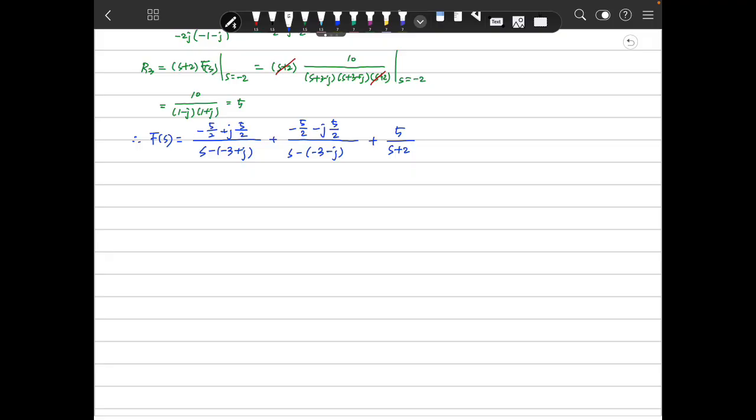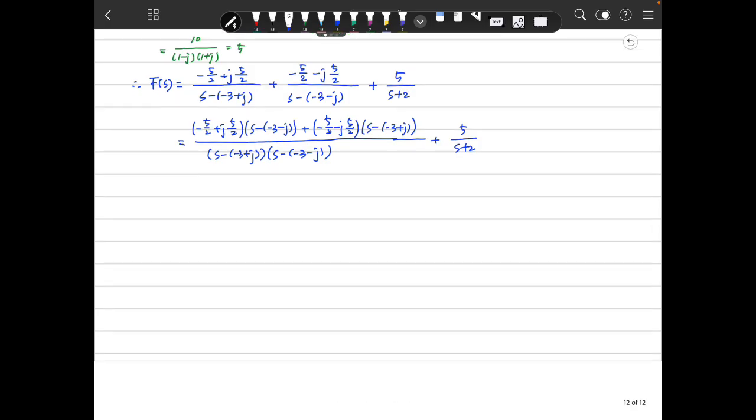So what we do is, s minus 3 plus j, s minus 3 minus j, then minus 5/2 plus j 5/2 and s minus 3 minus j, plus minus 5/2 minus j 5/2 and s minus 3 plus j, plus s plus 2, 5.